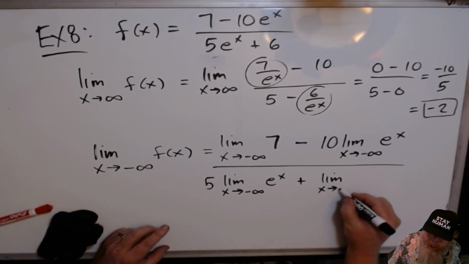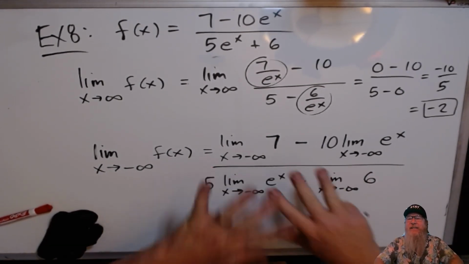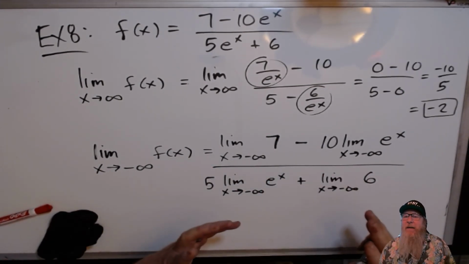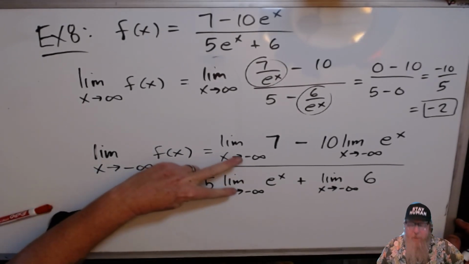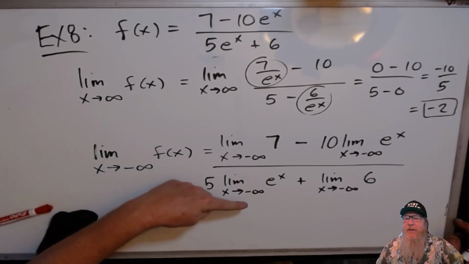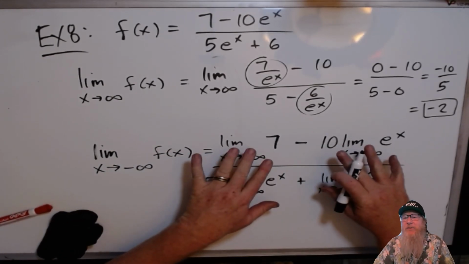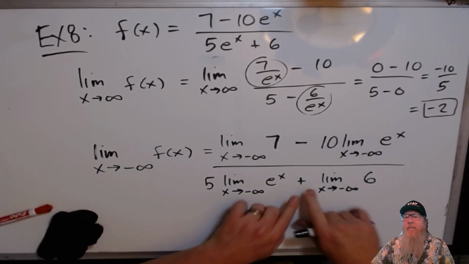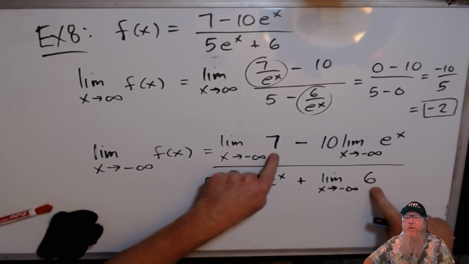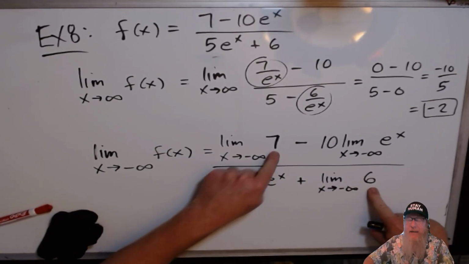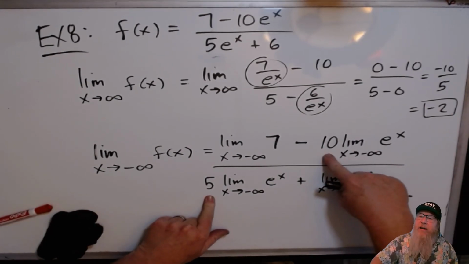And I know it takes a lot of writing, but this really kind of sums up everything. The limit of a function, all right? That function is a quotient. So I have the numerator and the denominator. Then I have a difference. So I break it up into two separate limits. I have a sum. I break those into two separate limits. I have constants. Those are just going to remain constants. I have the coefficients, the 10 and the 5. Those will come out in front of the limit.